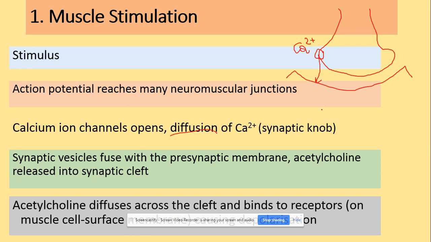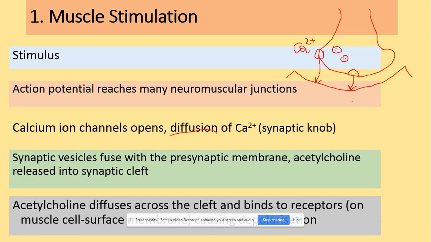The synaptic vesicles, with the acetylcholine, are going to fuse with the presynaptic membrane. They're going to release the acetylcholine into the synaptic cleft.